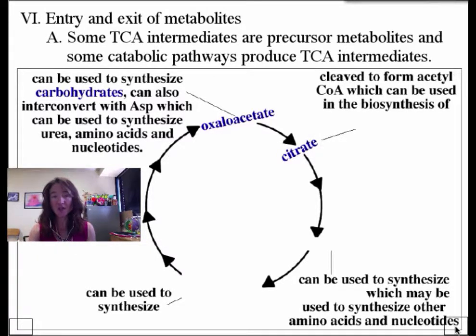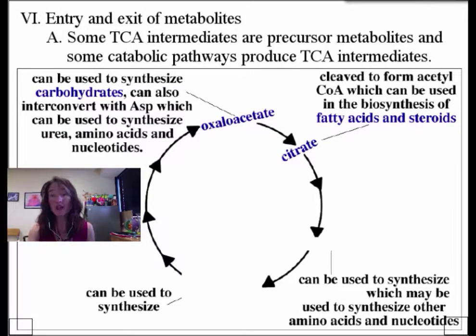Citrate can also be used as a building block, and we can understand that better when we think about the fact that citrate, when it goes backwards to oxaloacetate, of course gives off the acetyl-CoA again. So if we think about this kind of reversing engines strategy for anabolism, the building block of fats and lipids is acetyl-CoA, and so citrate can be used in fatty acid and steroid synthesis.